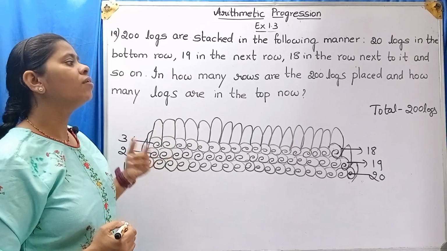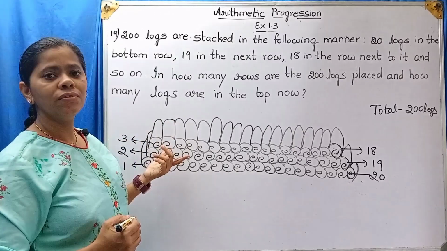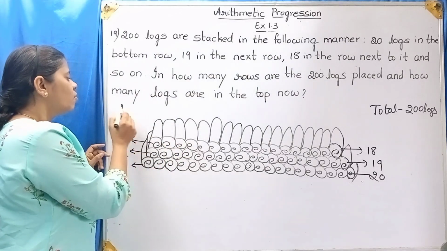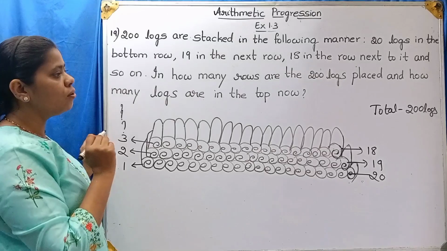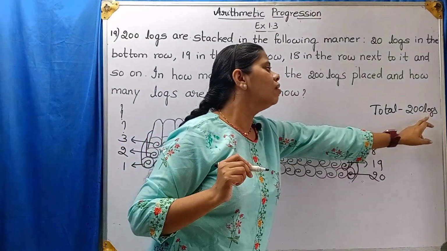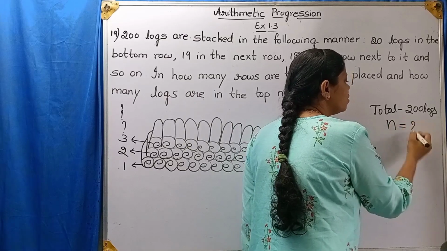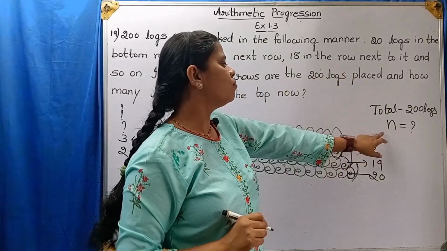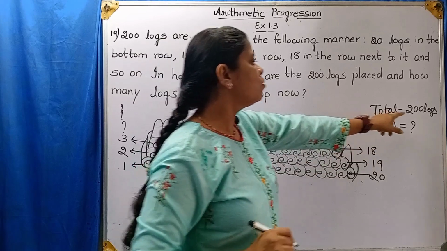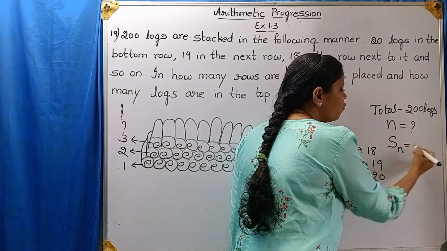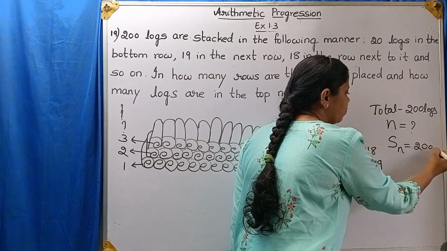Okay. Then, what we have to find out? We have to find out how many rows are needed to arrange 200 logs. Say the number of rows, that is n, we have to find out. Here 200 is the total number of logs. Therefore Sn is equal to 200.